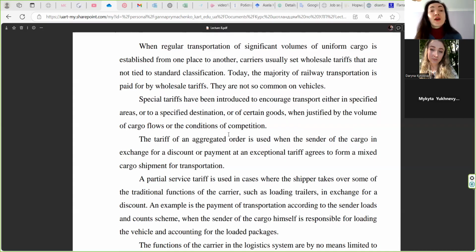The tariff of an aggregate order is used when the sender of the cargo, in exchange for a discount or payment at an exceptional tariff, agrees to form a mixed cargo shipment for transportation or other.